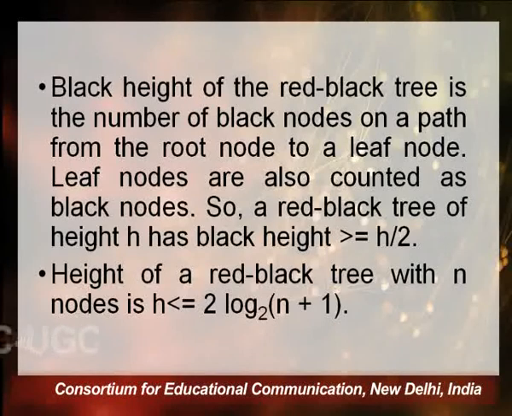So a red black tree of height H has a black height, generally denoted BH, that is greater than or equal to H by 2, where H is the normal height of the tree. Here we have one more property derived from all these constraints and rules: for any red black tree with height H and black height BH, BH is greater than or equal to H by 2.